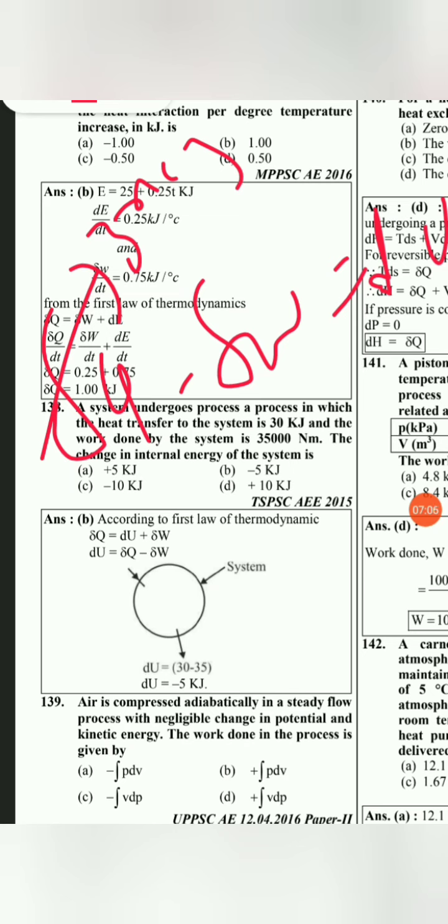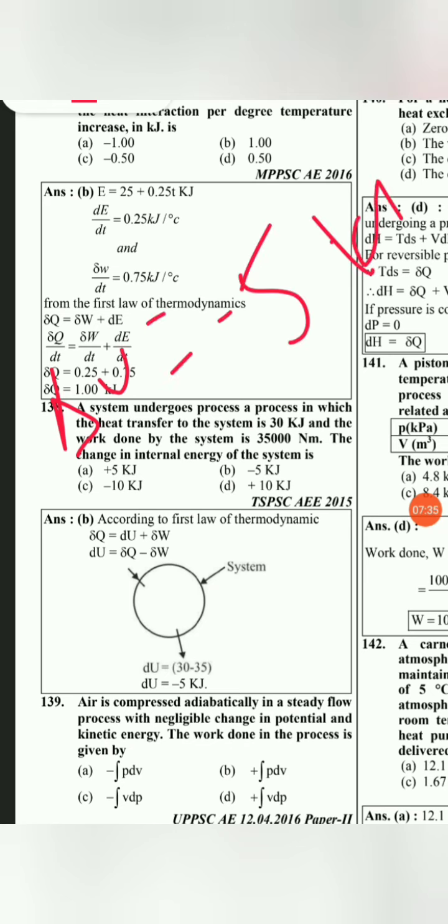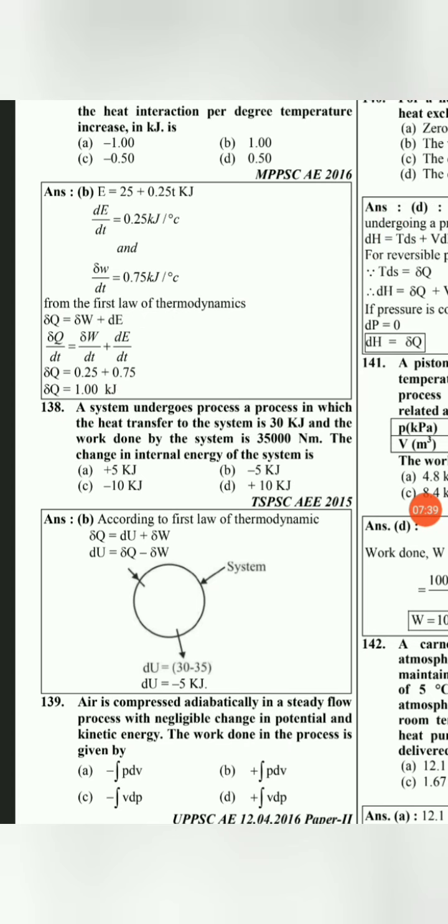Similarly, the work done by the system is also positive, and it is given in Newton meter, 35,000 Newton meter, that is 35,000 joule, which comes out to be 35 kilojoule. Newton meter is nothing but a joule. So 30, the heat transfer, minus 35, so delta U will be negative, and it comes out to be minus 5 kilojoule, which is given in option B. So option B will be the right answer.